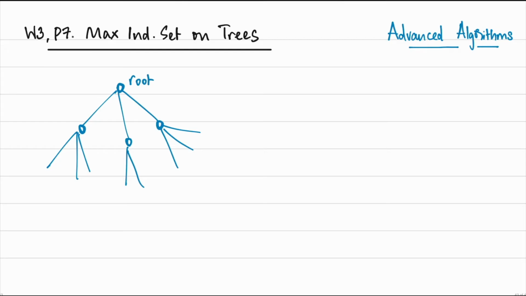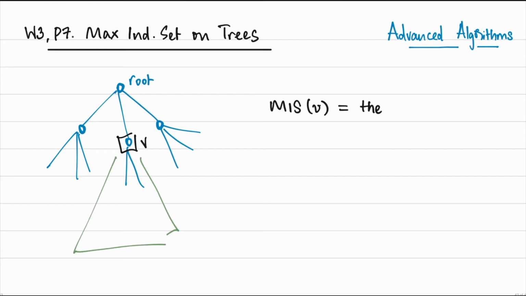Okay, so what I want to do is basically talk about subproblems as subtrees. So what I want to focus on is this subproblem here. So if I pick a vertex V, I want to look at the subtree that is rooted at V. And this is basically well defined once you fix a root, right?